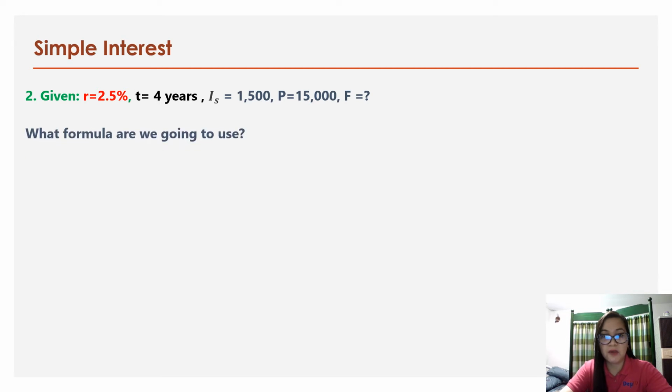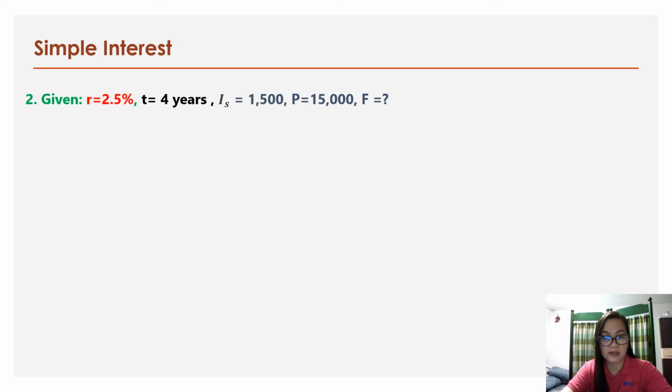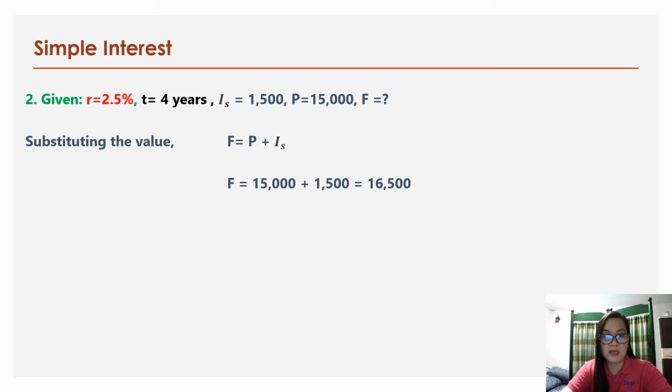What formula are we going to use? We have again 3 formulas below, and any of them can be used. As I've said earlier, we will use the easiest one, which is F is equal to P plus I sub S. Okay, substituting the value, P is equal to 15,000 plus I sub S equal to 1,500.